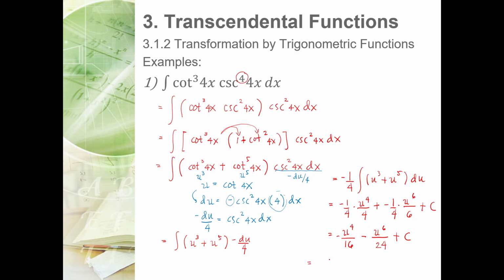So the final answer would be negative cotangent 4x raised to the power of 4 over 16, minus cotangent 4x raised to the power of 6 all over 24, plus c. So that's the final answer.